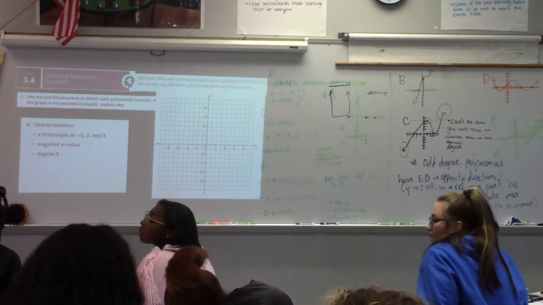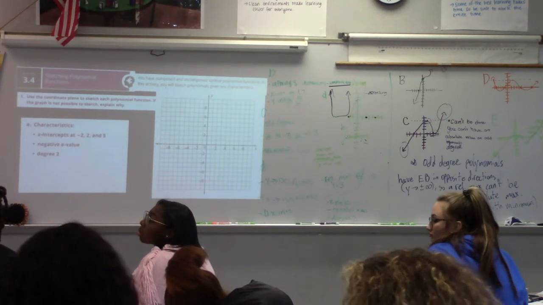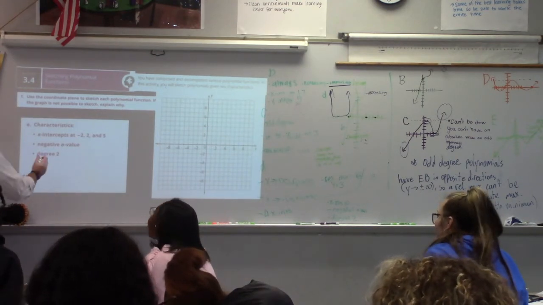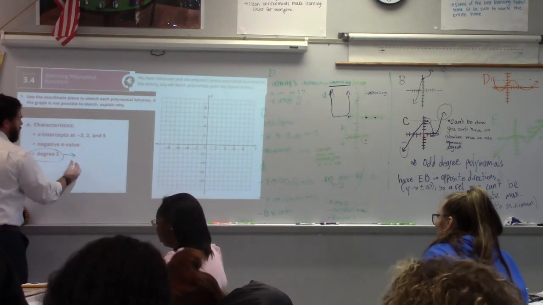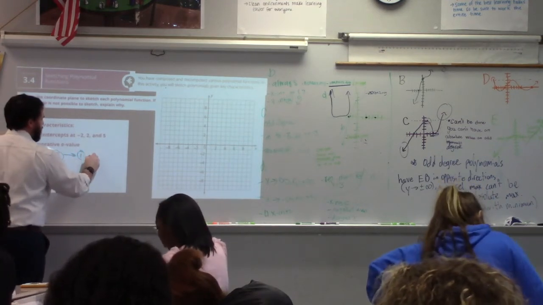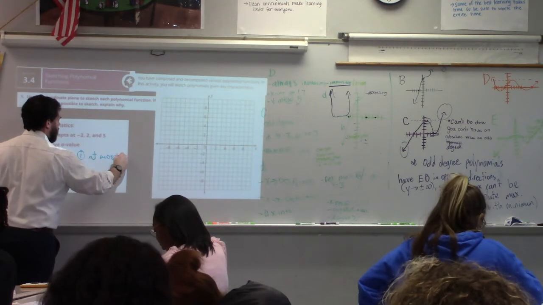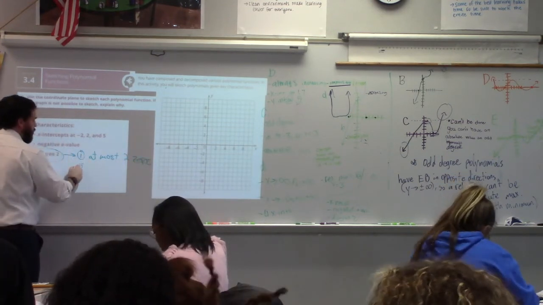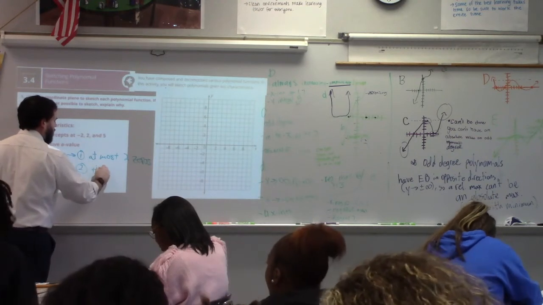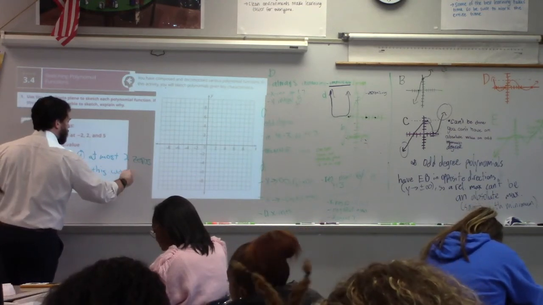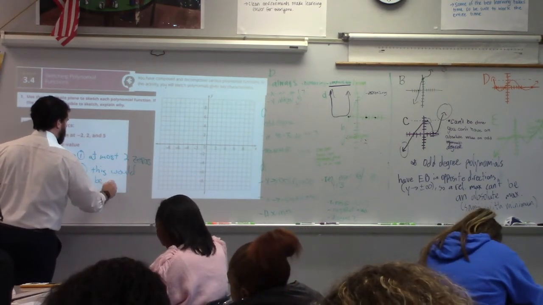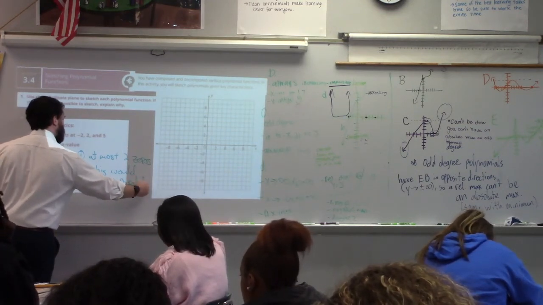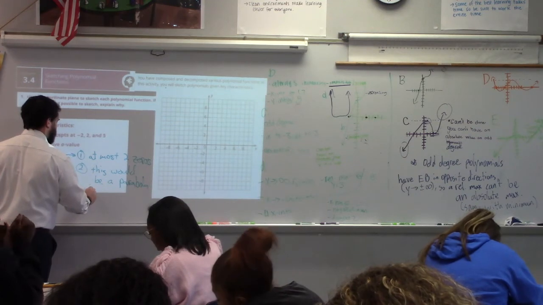In fact, if it's degree 2, what shape should we be looking at? A parabola. So at most, 2 zeros. This would be a parabola. So impossible.